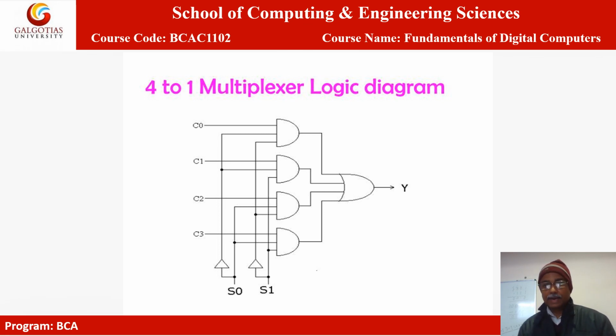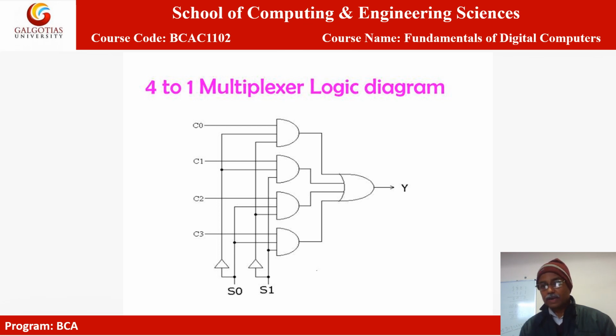Now in the third AND gate, the first input C2 is 1, the second input S0 is 0, and the third input S1 is 1, because S1 0 is inverted to 1 by this triangle. So 1, 0, 1 will return 0.